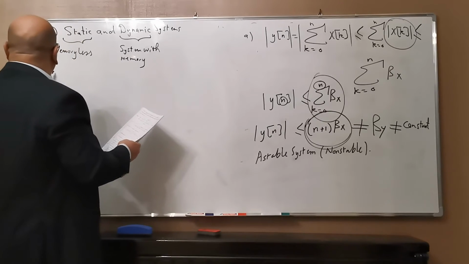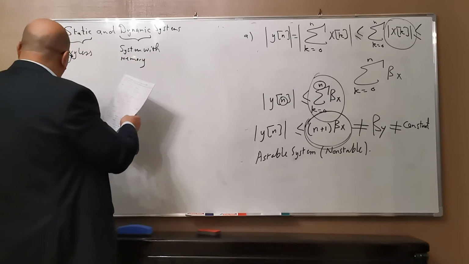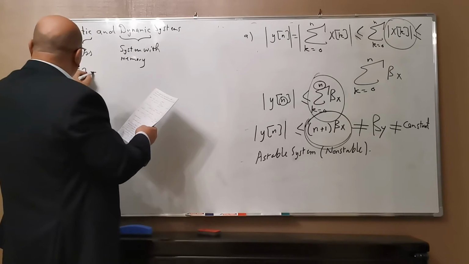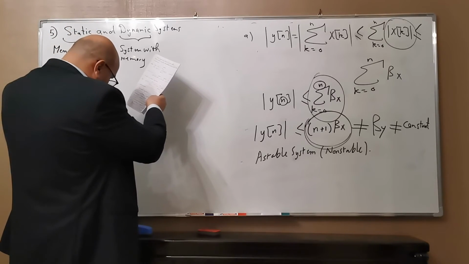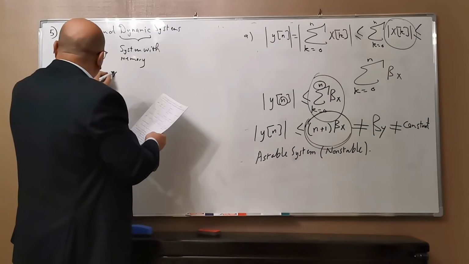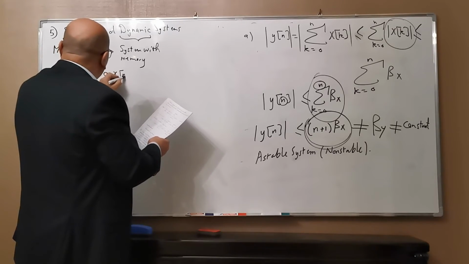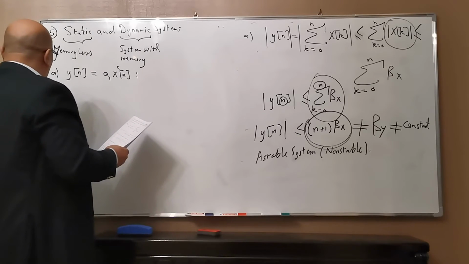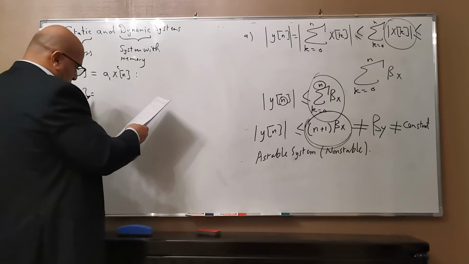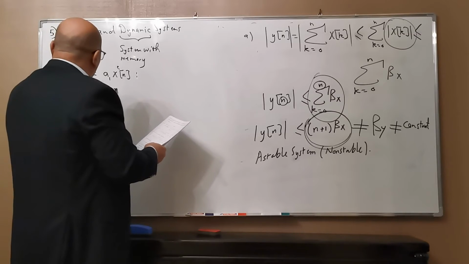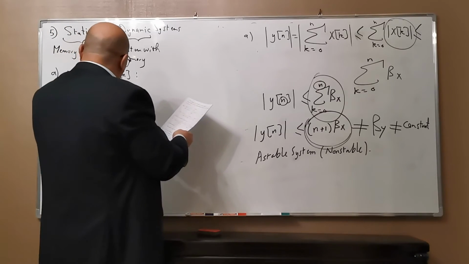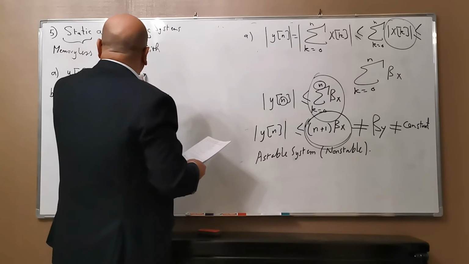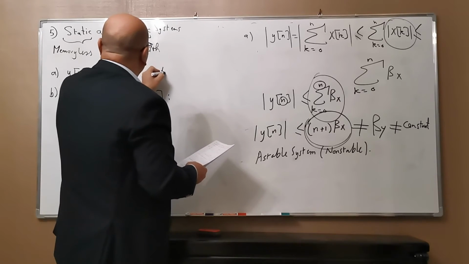So if you have a system that depends on the actual instant of time or the present instant of time, then we call it a static system. This one is static.